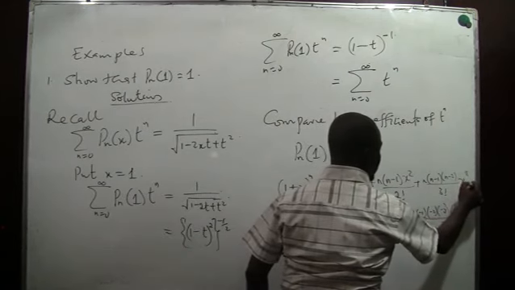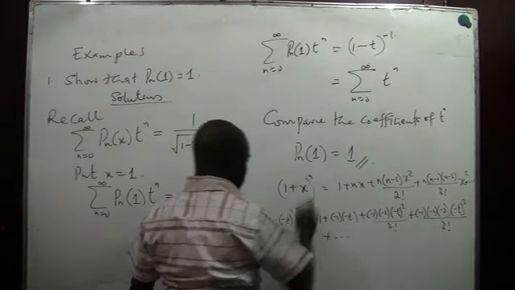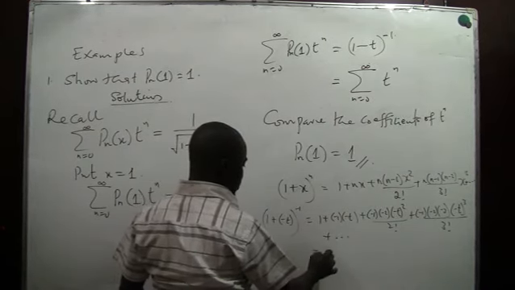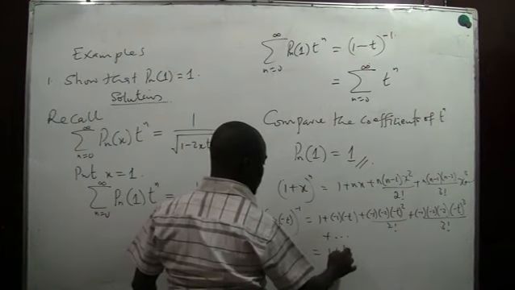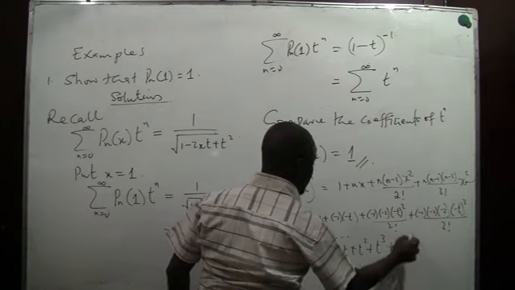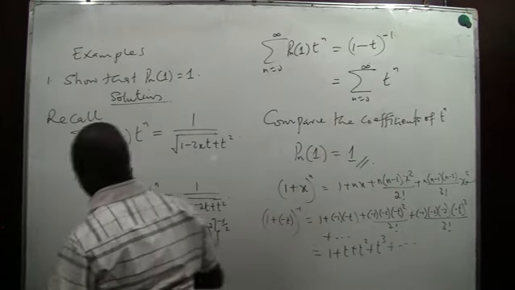It continues. By the time we simplify further, we are going to generate 1 plus t plus t squared plus t cubed, and it continues. In compact form, it gives exactly what we have here.